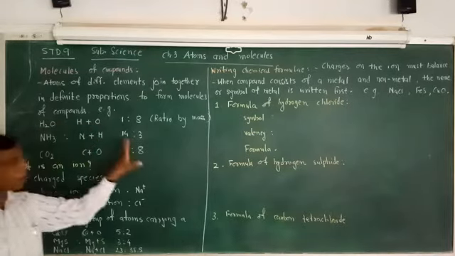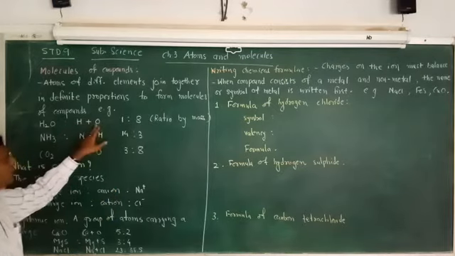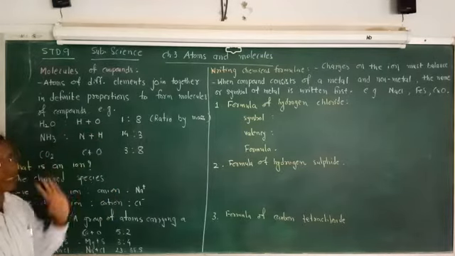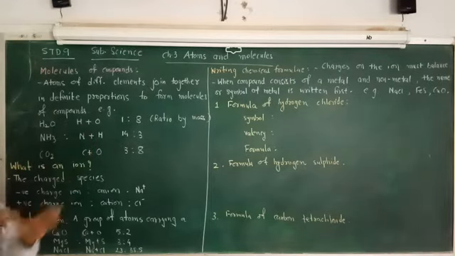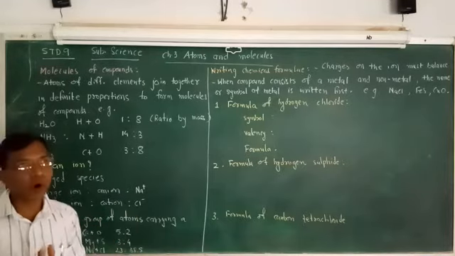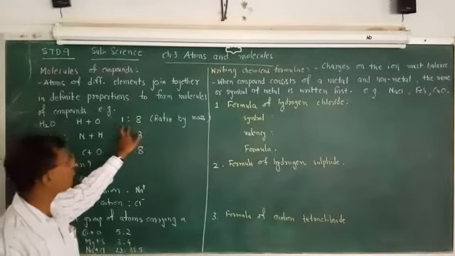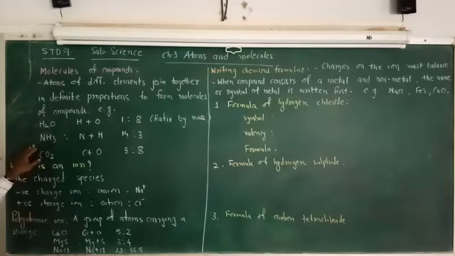The mass of hydrogen is 1 and the mass of oxygen is 8, so it is a definite proportion. Hydrogen and oxygen combine in a definite ratio, that is 1:8.